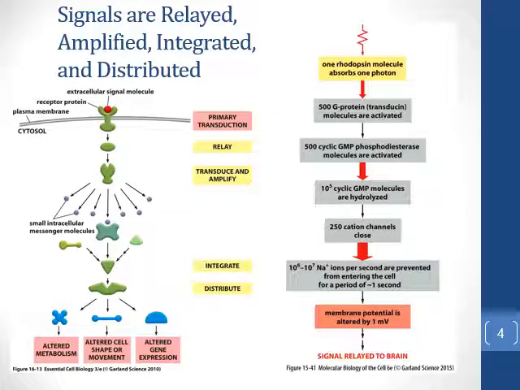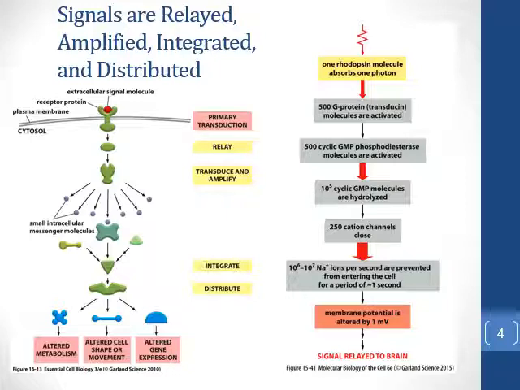Now let's look at this idea of amplification. We've got the same cartoon on the left that we had on the previous slide, but let's look at the right just to illustrate how important this is. You've got one rhodopsin molecule here, which is going to absorb one photon of light. Now, it doesn't really matter what this pathway is. We just want to use it to illustrate amplification.